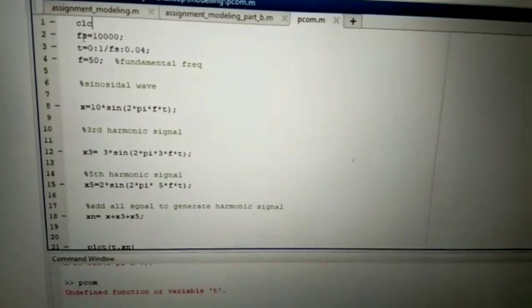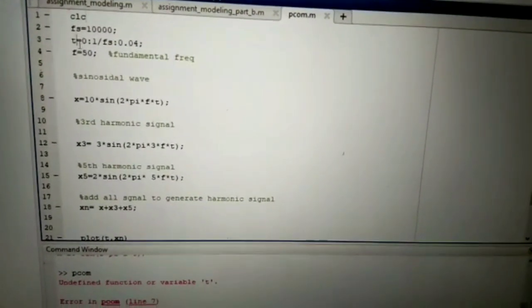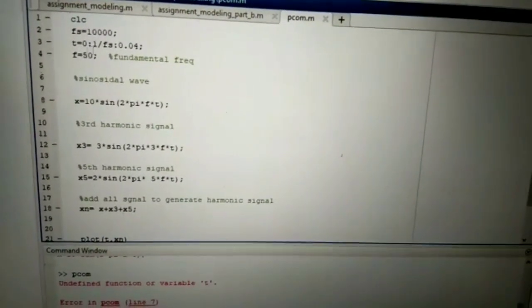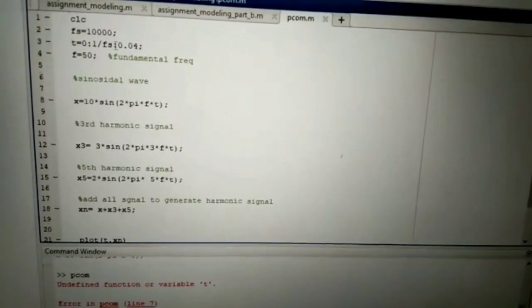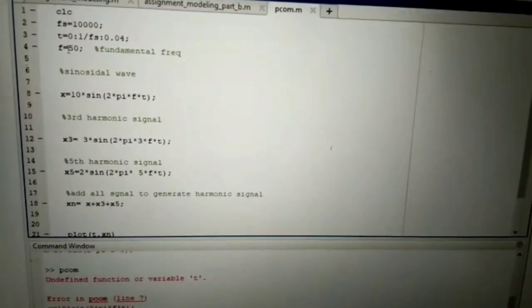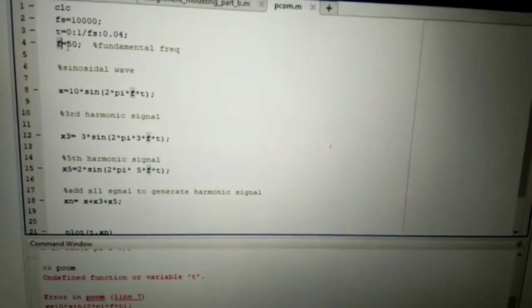We set it to 10,000. The time we set 0 to 1 in the interval of 0.1, and the sampling interval of 0.04. So F equal to 50 means that we generate a fundamental frequency at 50.